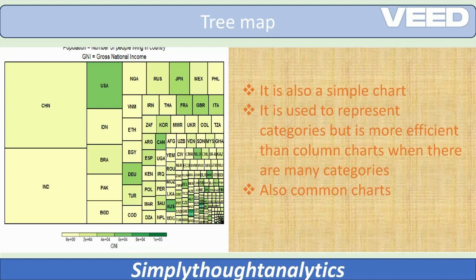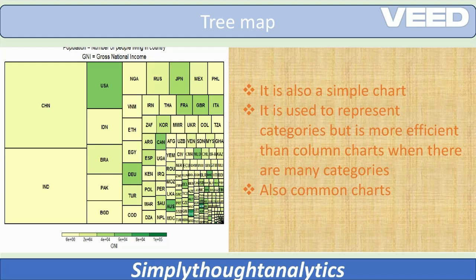You can just throw everything inside a tree map, and the cities with the highest amount of sales will come up with the bigger boxes, and you can have an idea that, oh, city A, city C are the places where we have the highest amount of sales, and other cities where there are very few sales will be pushed behind, and it will lay emphasis on those cities where we are having the major sales.